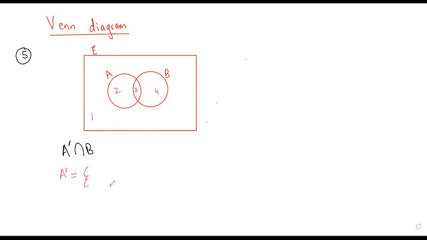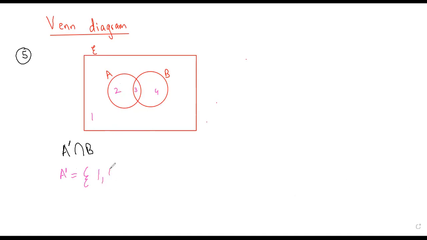A complement has everything except A. A के अंदर कौन कौन से एलिमेंट्स हैं? 2 और 3 है, ठीक है। 2 और 3 A के अंदर, तो A complement के अंदर except A होगा, तो कौन कौन से एलिमेंट्स होंगे?